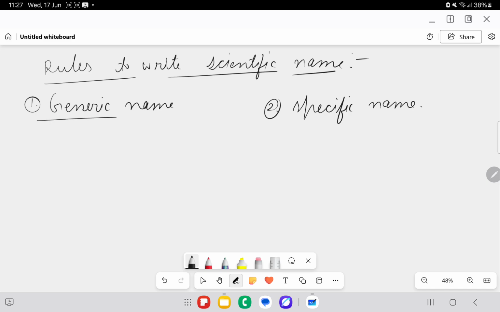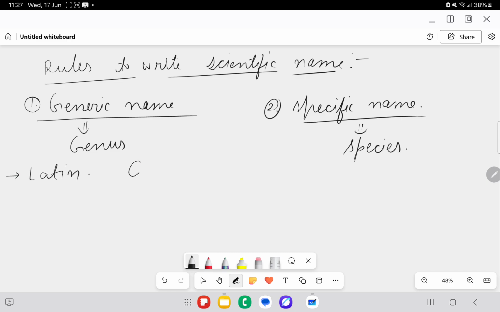The generic name is related to the genus, and the specific name is related to the species. Most scientific names are taken from the Latin language, and some are taken from the Greek language.